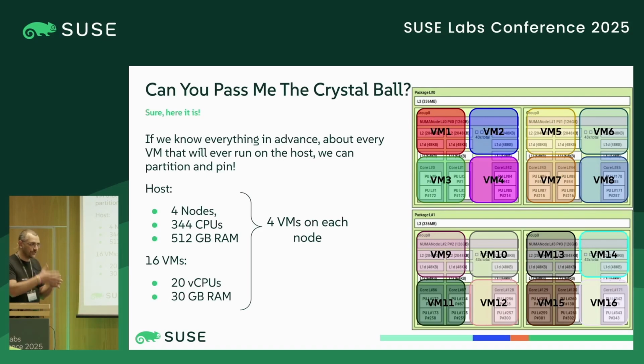So partitioning the resources of the host in such a way that each of the 16 VMs has as much exclusive access as possible, as undisturbed by other VMs as possible, to both CPU and memory from the host as its own fraction of the host that it can use. And if that's possible, performance will probably be good and stable, hopefully.